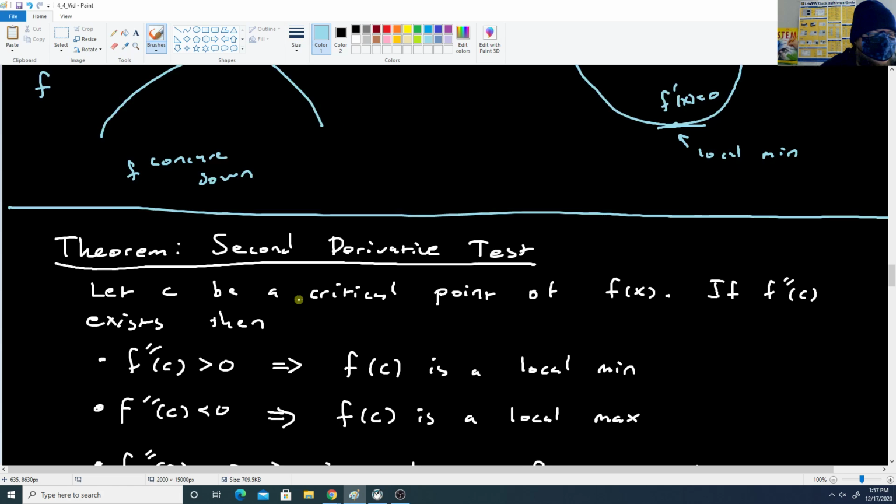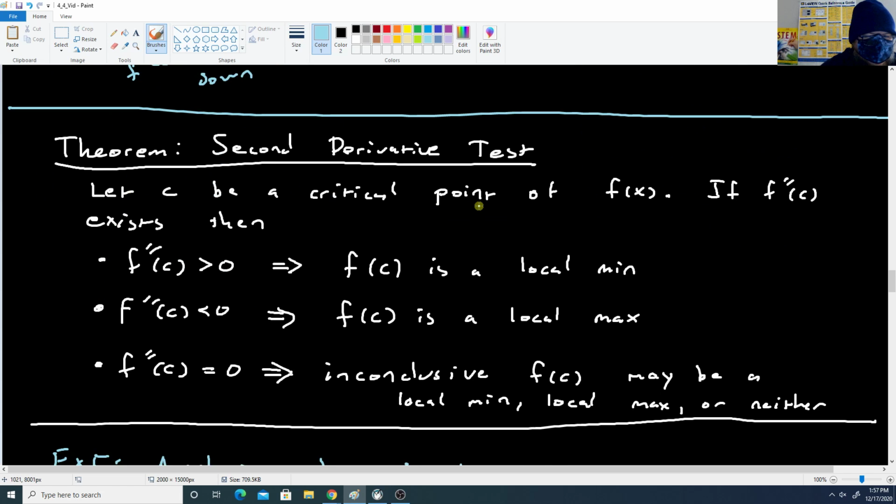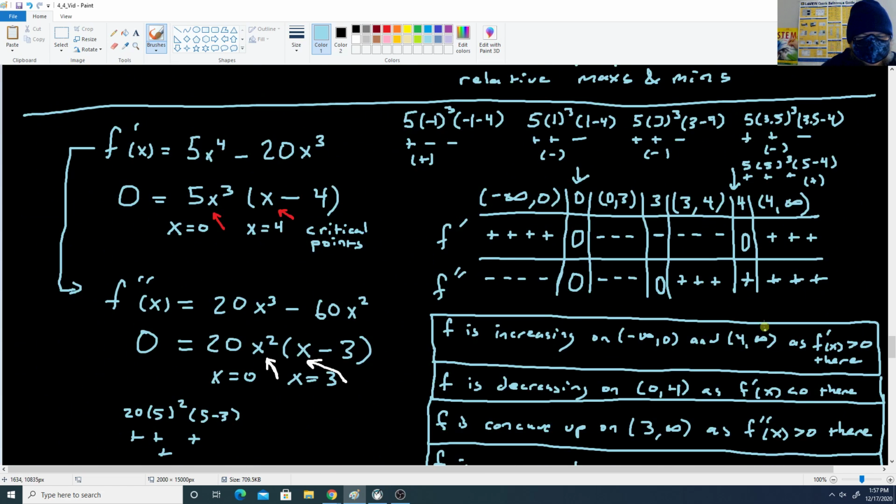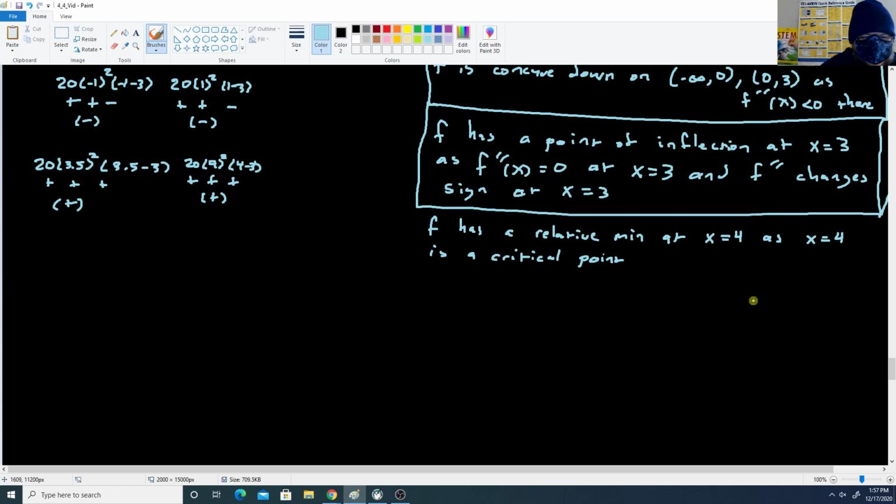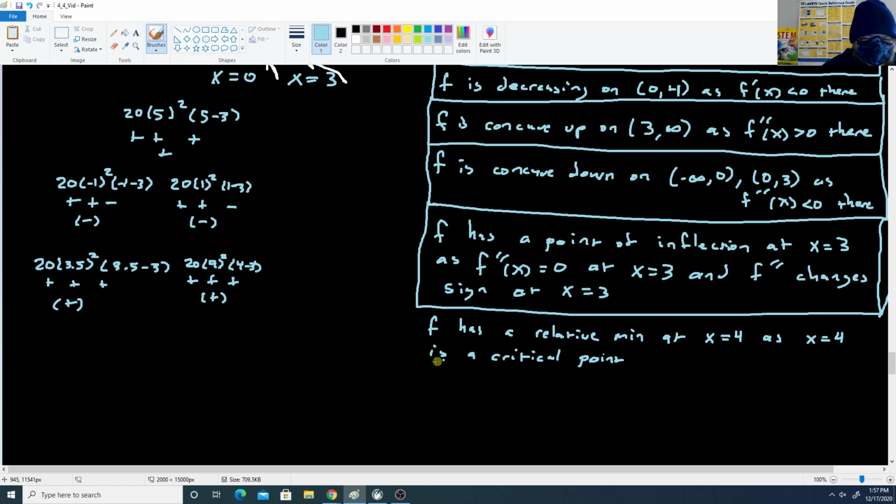So remember, by second derivative, we need a critical point, and then we need the second derivative to be positive. And in our case, the second derivative is positive at 4. So we say, okay, as x equals 4 is a critical point, and f double prime of x is greater than 0.